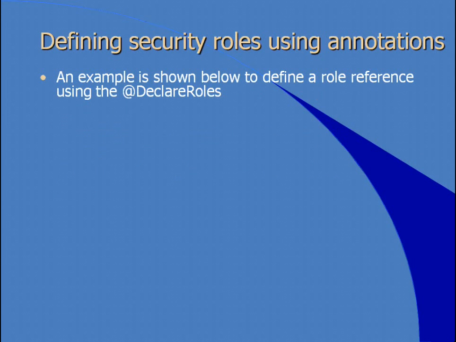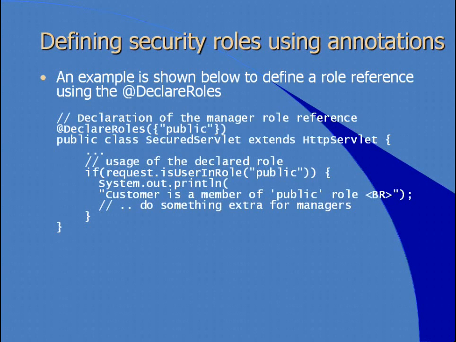Here we see an example of how to define a role reference using @DeclareRoles. Notice that I've annotated the declaration of my class, public class SecuredServlet extends HttpServlet, and right above that is where annotations go, to signal to the system that this is an annotation applied to the next element. Generally you see annotations right before what they're annotating.